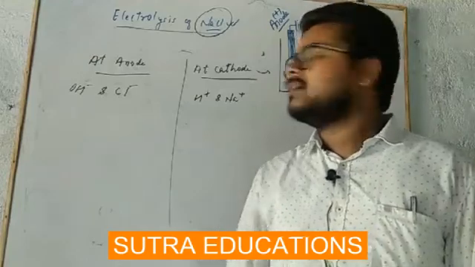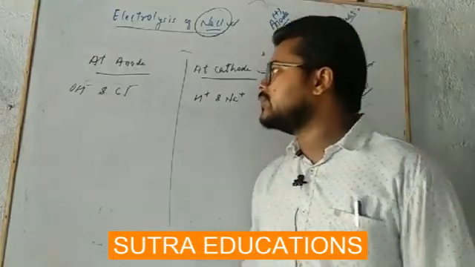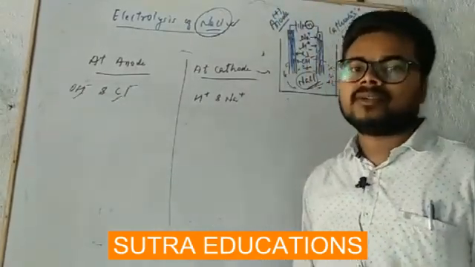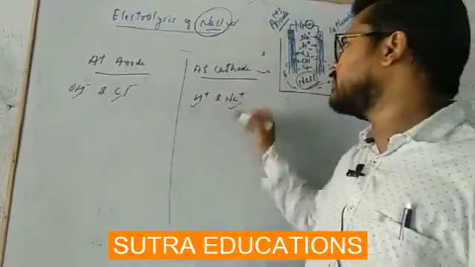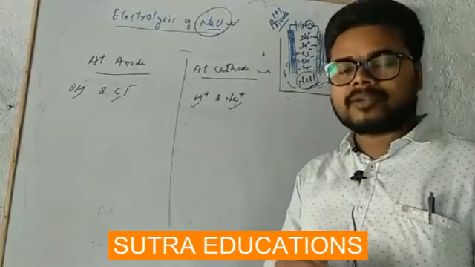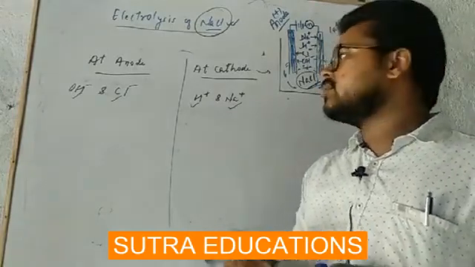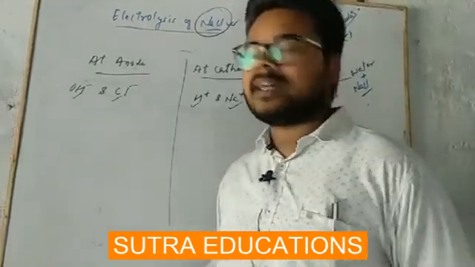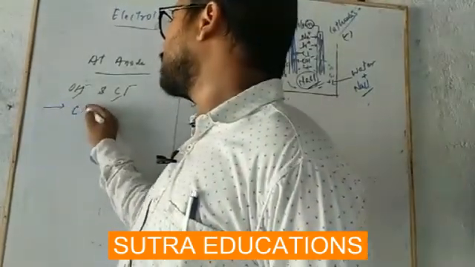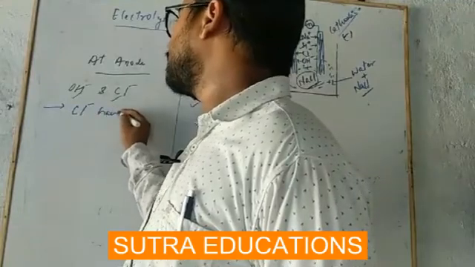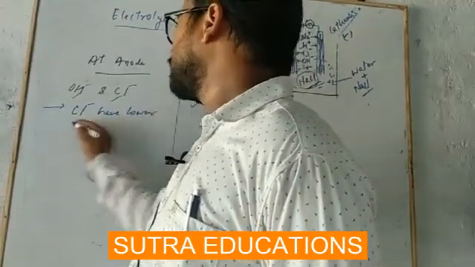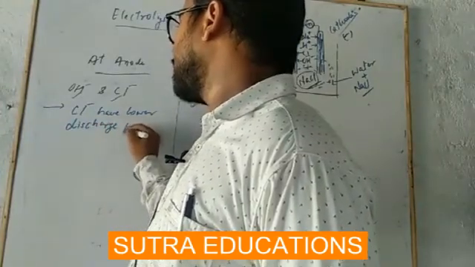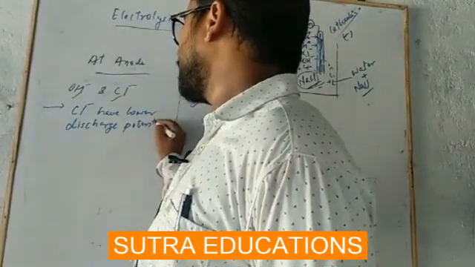Okay, and discharging, I told you here OH minus and Cl minus are both in a race to discharge. Again here H plus and Na plus are both in a race to discharge first. But what happens, Cl minus has a lower discharge potential.